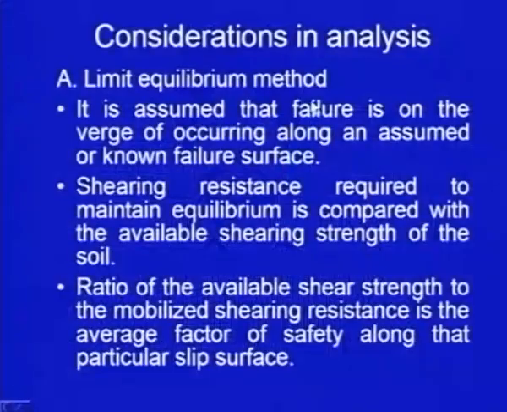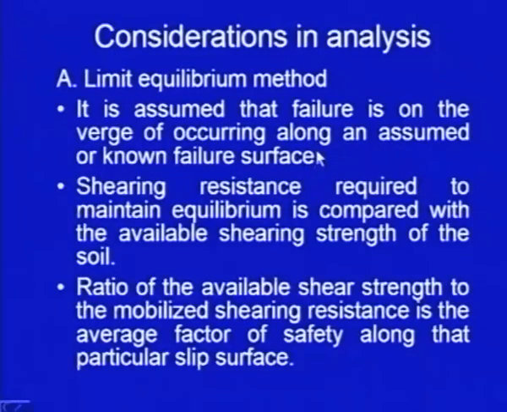We shall be using the limit equilibrium method in this particular course, and this method assumes that the failure is on the verge of occurring along an assumed or known failure surface. As I told you, there are an infinite number of possible potential failure surfaces, so in this method we assume a potential failure surface. It may be a planar surface, it may be a curvilinear surface.